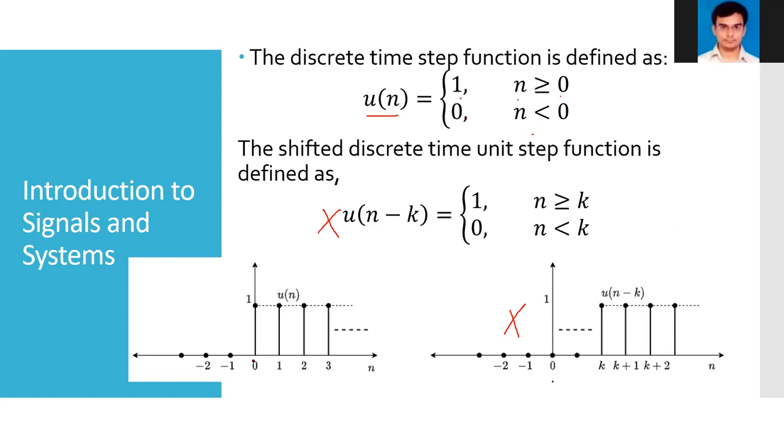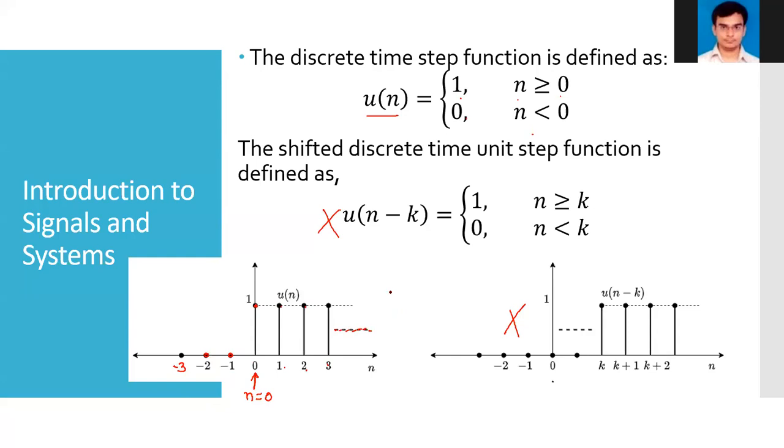So it is like this. From 0 onwards, now try to understand, at n is equal to 0, the value is 1. Okay? For 1, the value is 1, 2, the value is 1, 3, the value is 1, and it goes up to infinity. So we put these dots to indicate that it goes up to infinity. Whereas for -1, -2, -3, for all of them, we get 0 values.